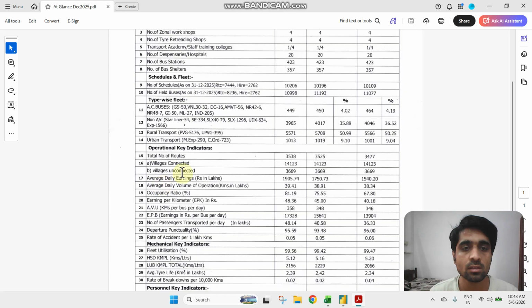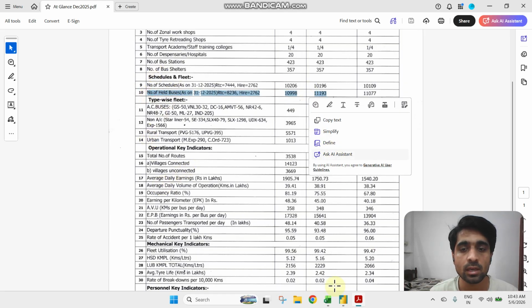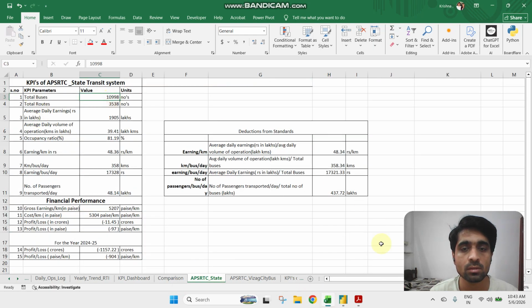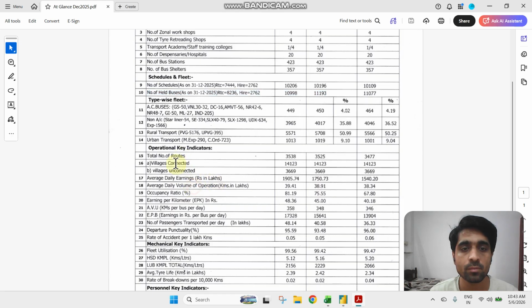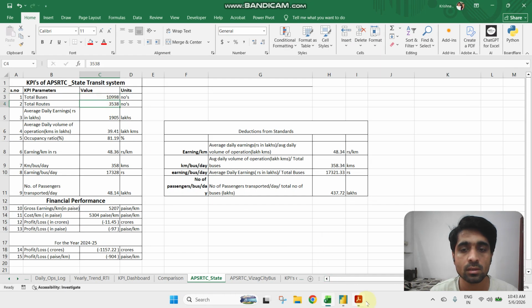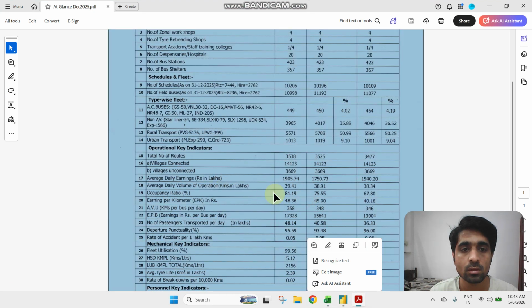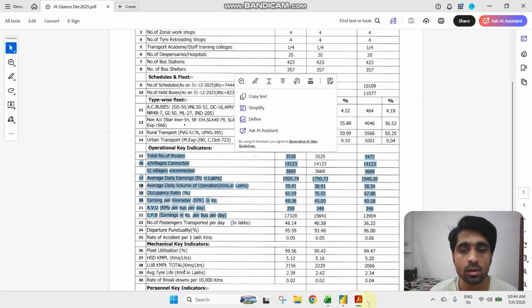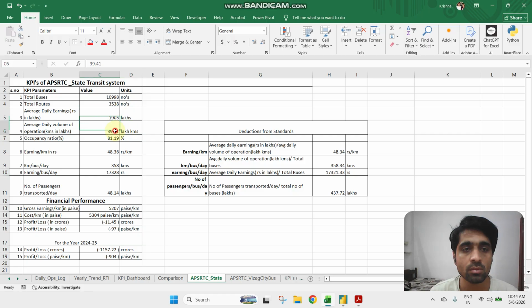The number of held buses for APSRTC state is 1998, and the total number of routes is 3538. The average daily earnings is 1905. These are some of the operational key parameters I have taken from it. Average kilometer 358, 48.36. These are some of the parameters.